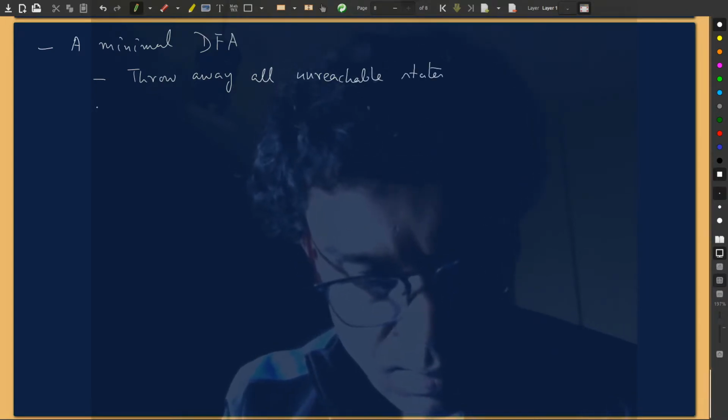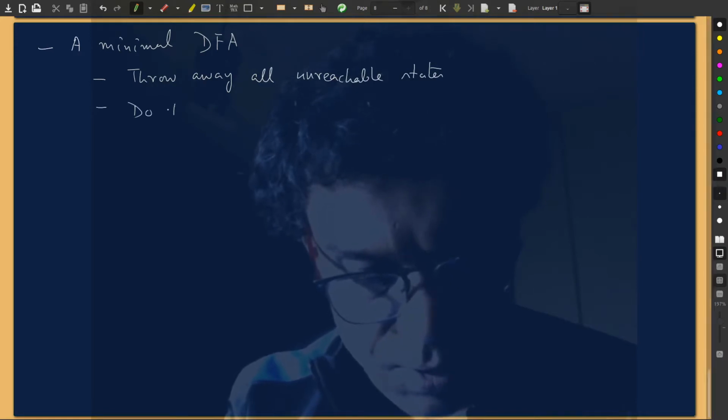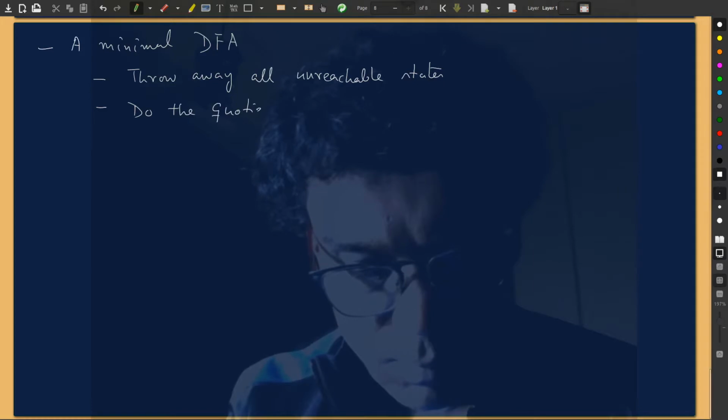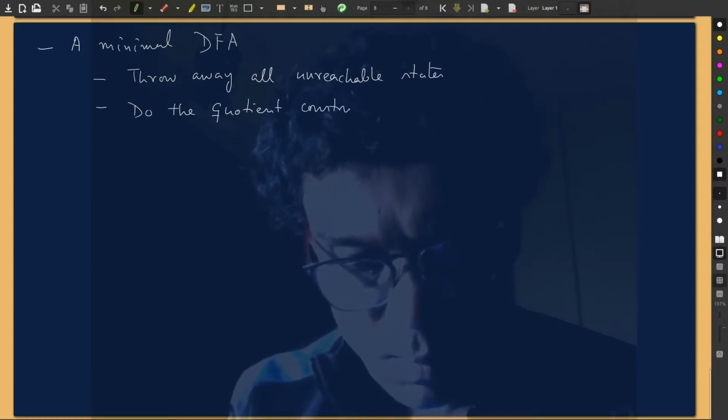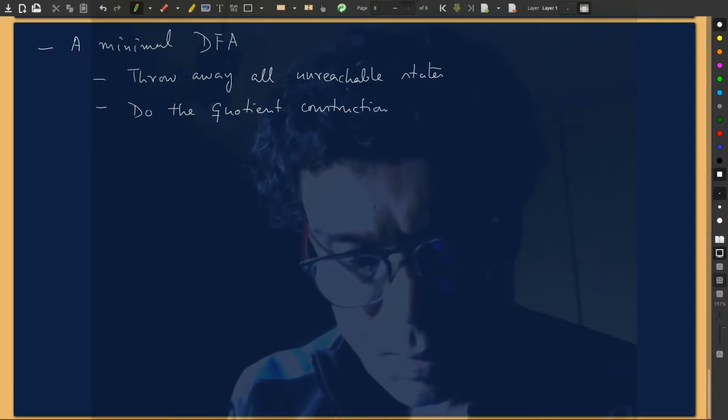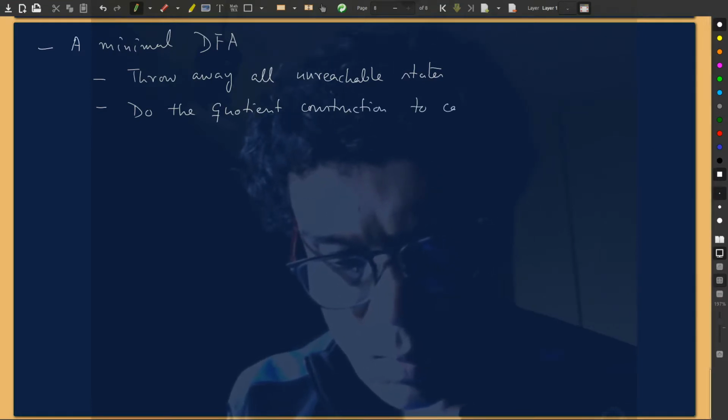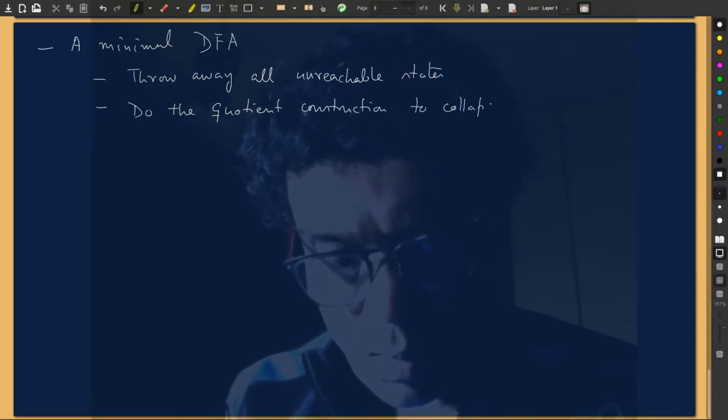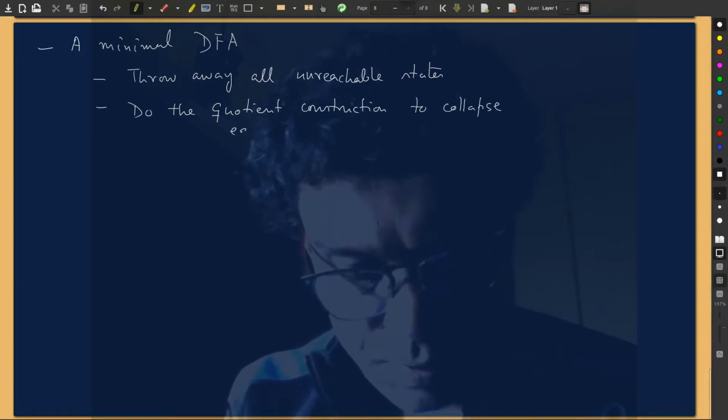And then do the quotient construction to collapse equivalent states.